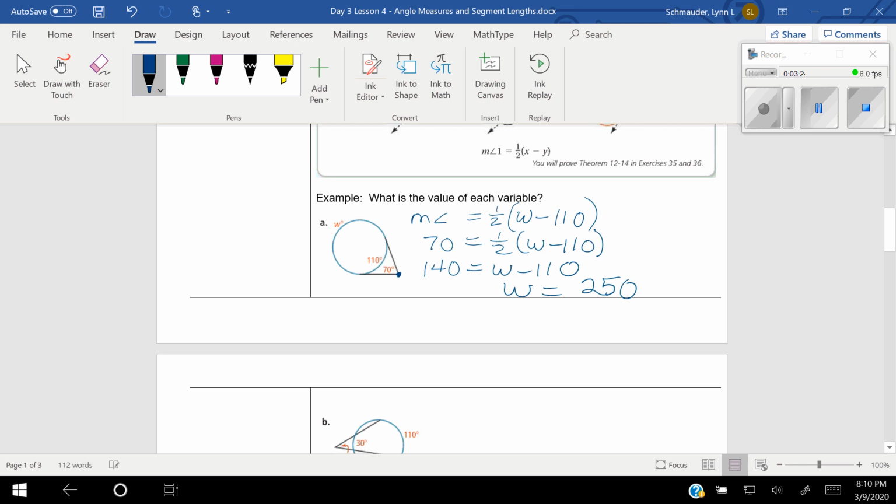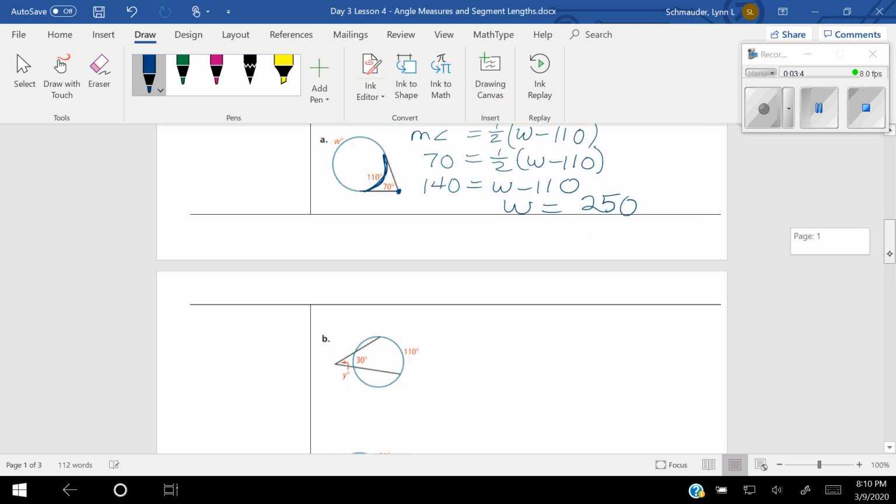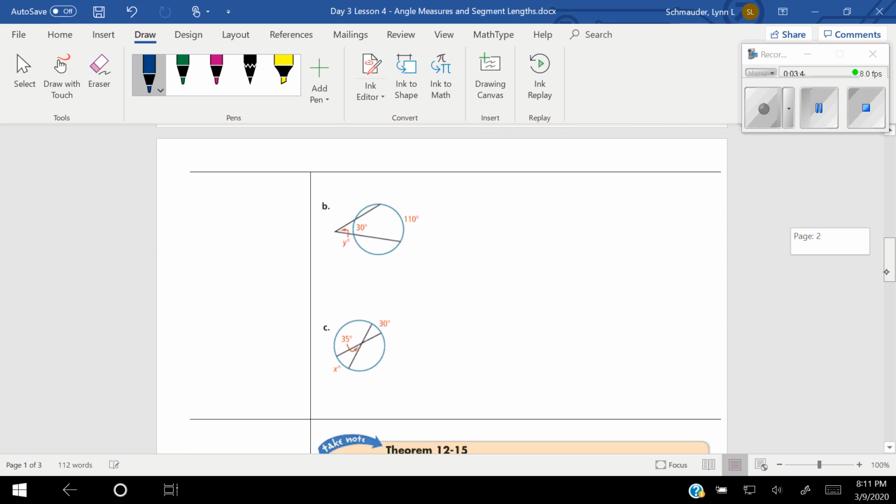All right, now it would have been very easy to do that without using this theorem, because we know this arc here is 110 and the other arc is the entire rest of the circle. So we could have done that very simply by just saying 360 minus 110, but we're supposed to be practicing our new theorem, so that's what we did.